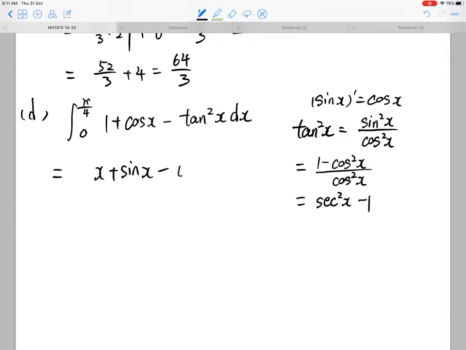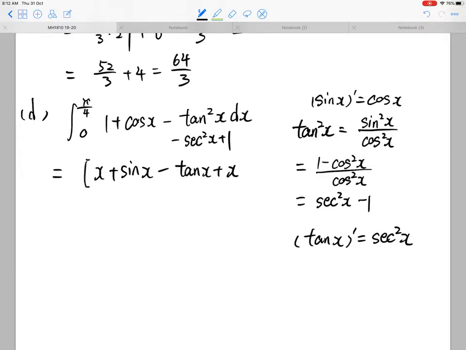So you can change minus tangent x squared to minus secant x squared plus 1. Then notice that tangent x's derivative is secant x squared. So you get minus tangent x and then plus x.